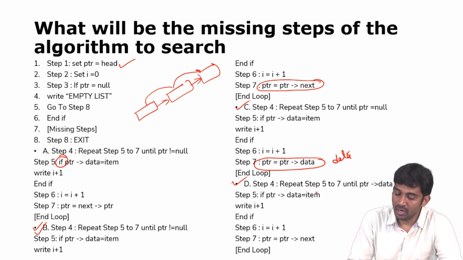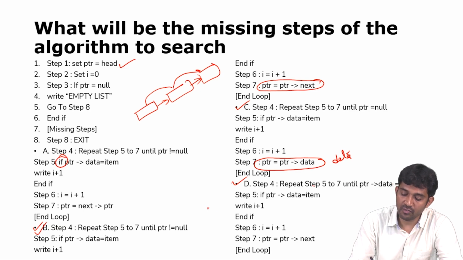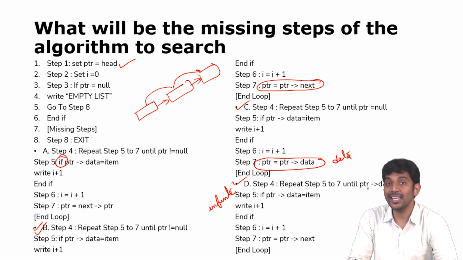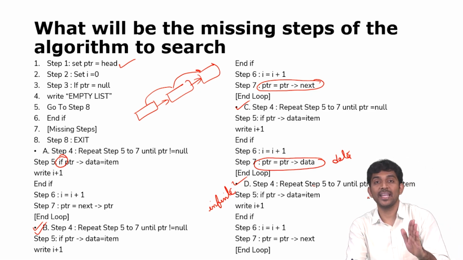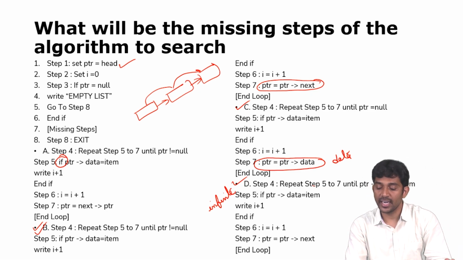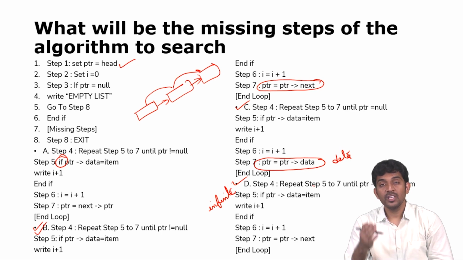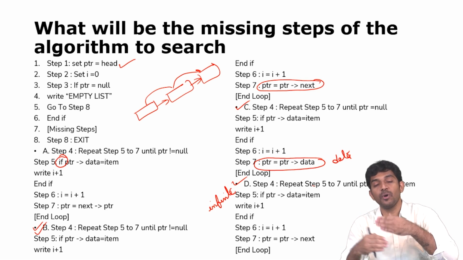Next, see, until data item equal to, so this goes to infinity when the item is not there. The reason is you need to repeat the loop until ptr data equals item. If the data is not there, what happens? The loop is going to repeat, keep on going, right?